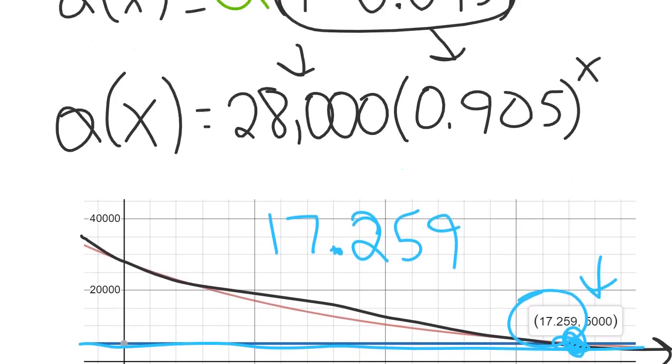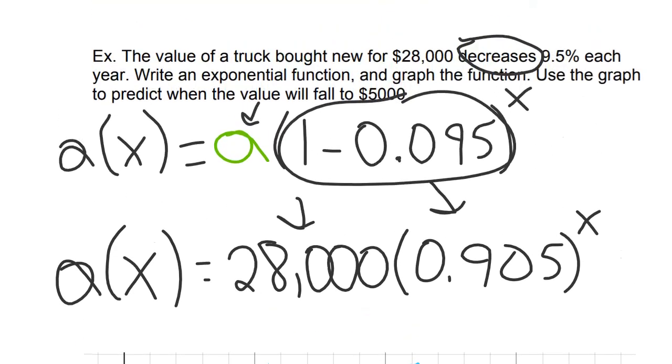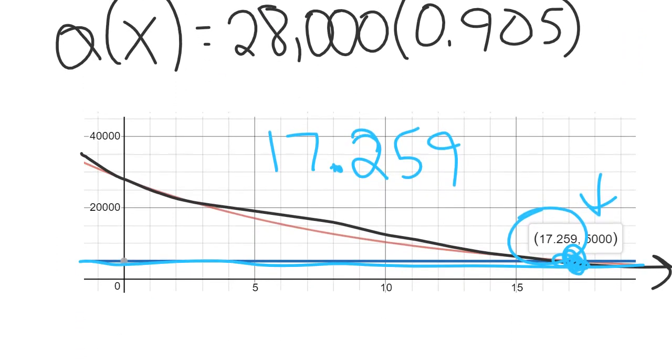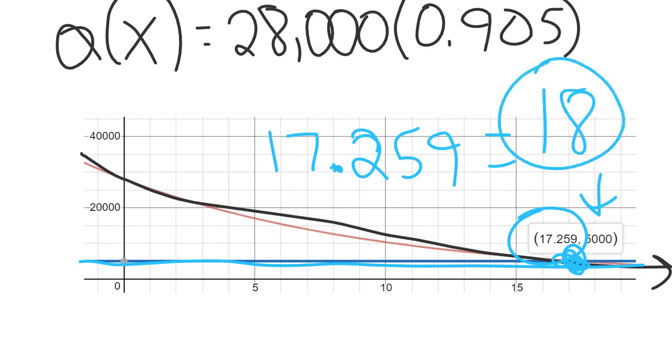Let's peek back up at the question to see what we're looking at. We're looking at in terms of years. So we got 17.259 years, which we'll call 18. So after 18 years, we can see that value is going to be $5,000.